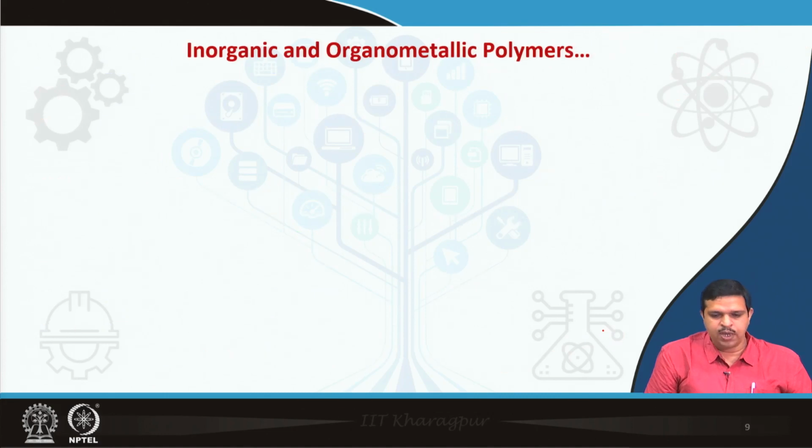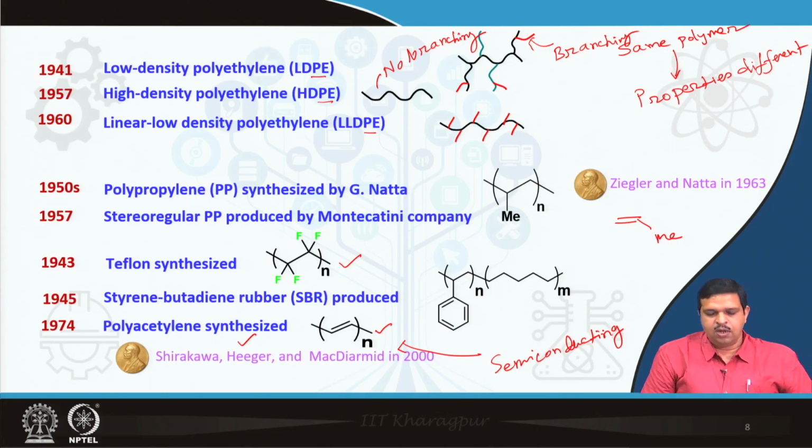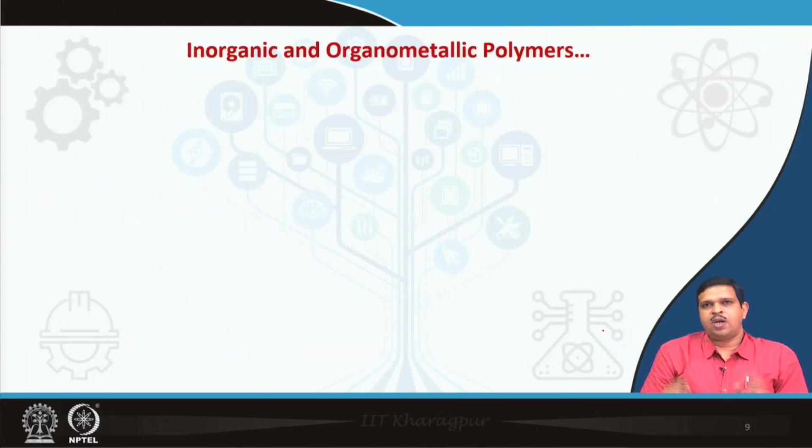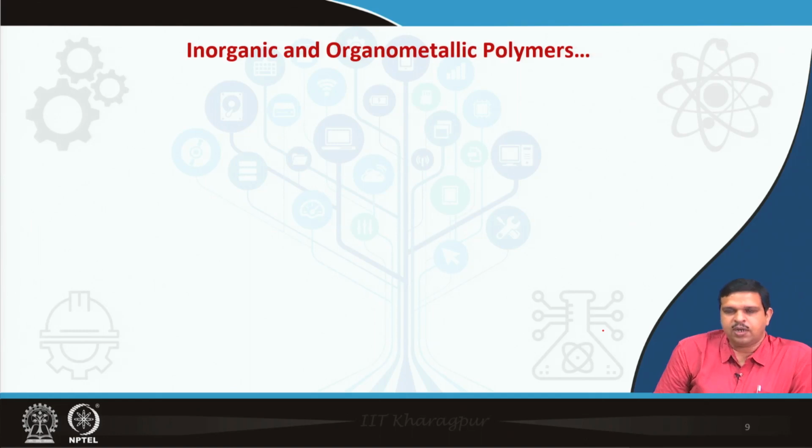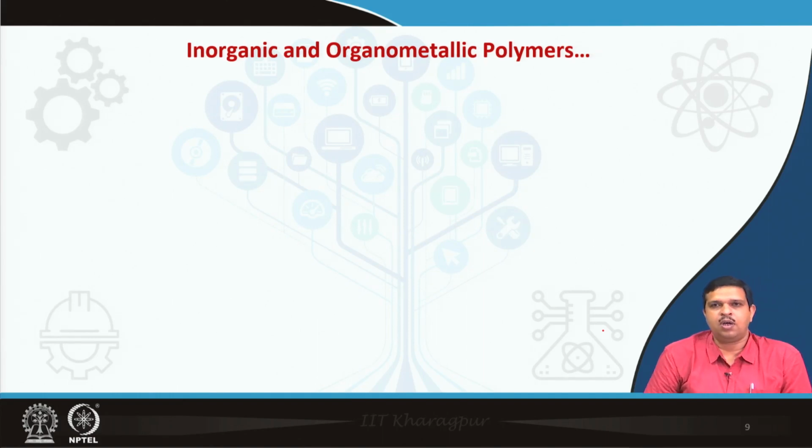So, now we have had a very brief introduction about the organic polymers which are used in our daily life. Not all are organic polymers, there are a lot of popular inorganic and organometallic polymers which are also used in daily life, not only for bulk uses but also for some smart applications in material science and also in biomedical applications.